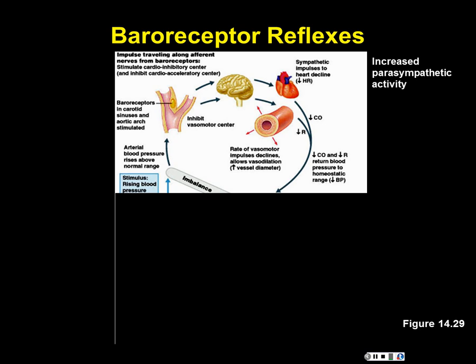Not on the contractile cells, so at the nodes. Remember, the vagus nerve synapses at the node to do what to your heart rate? To lower it. The sympathetic activity lessens, stroke volume and cardiac output go down. Parasympathetic activity may increase, so our heart rate continues to decrease a little bit.